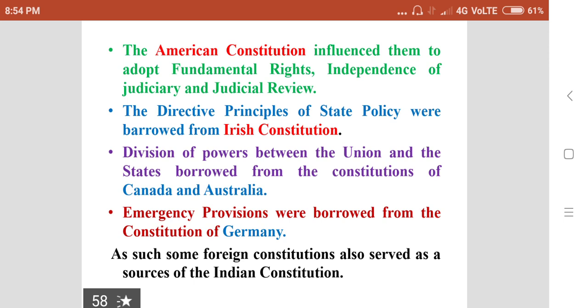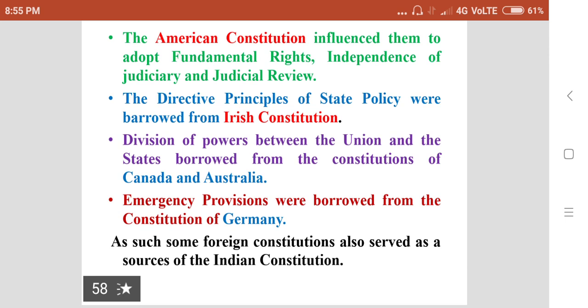Presently, we can see these three features in our Constitution. Then, from the Irish Constitution, the makers of our Constitution borrowed the directive principles of state policy, which provide economic wants and economic opportunities for the people.